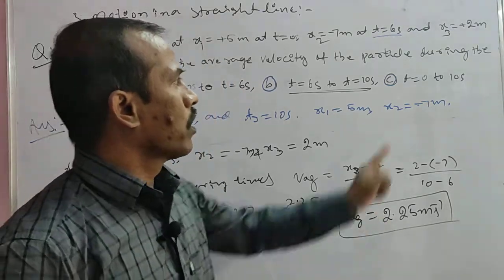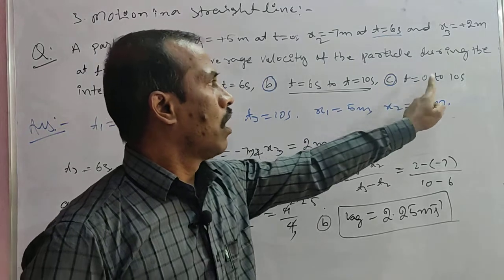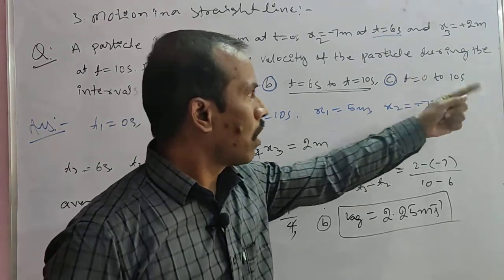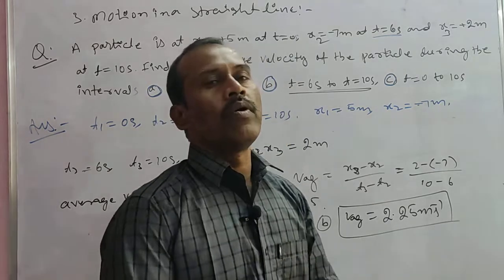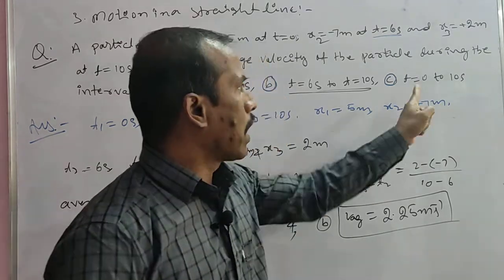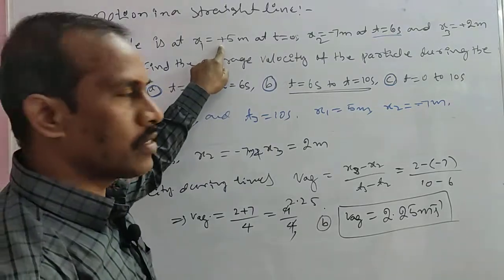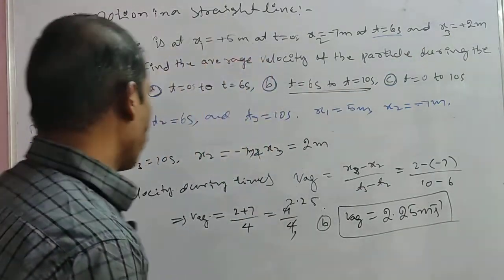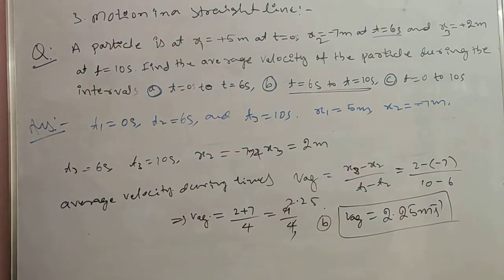Third case, t is equal to 0. This is t1 is equal to 0 seconds and t3 is equal to 10 seconds, and x1 is equal to 5 meters, x3 is equal to 2 meters. Note this one first of all.